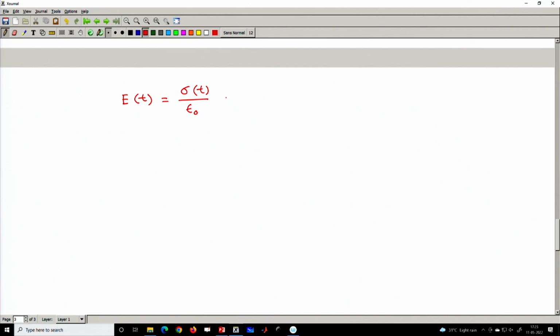That quantity sigma is again the total charge, which is also changing with respect to time, divided by epsilon 0 and the area of this material, area of this capacitor. So, A here is the area of the capacitor. Okay.